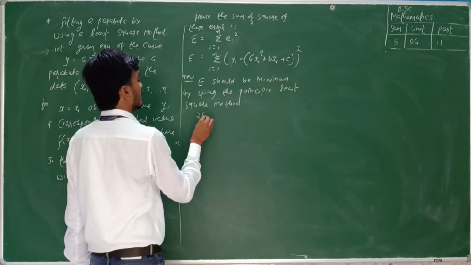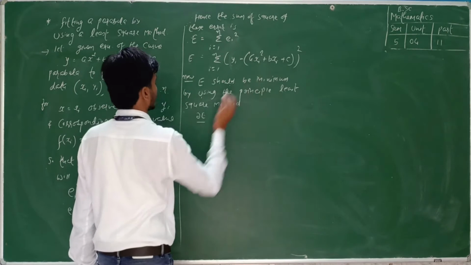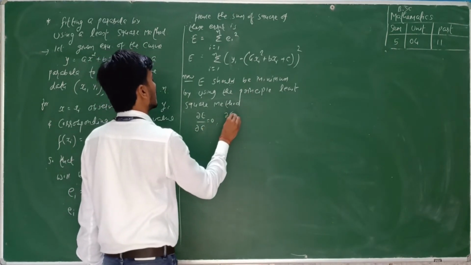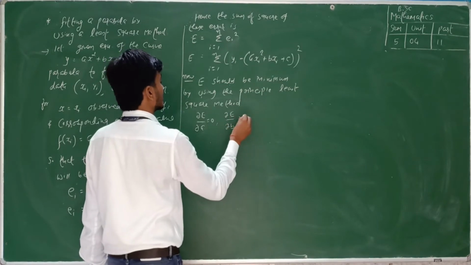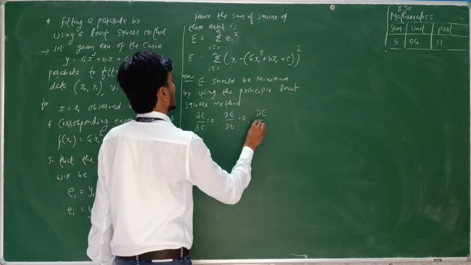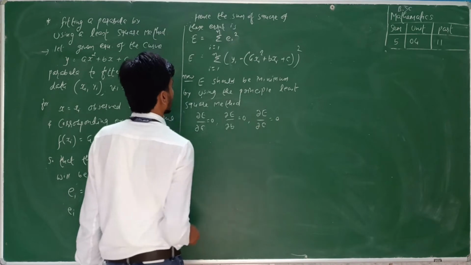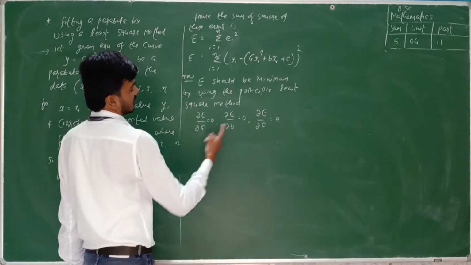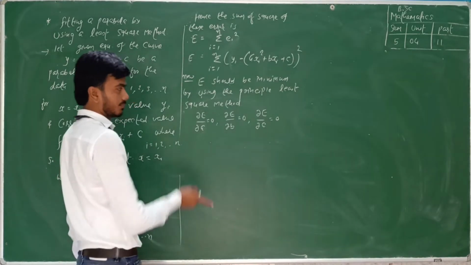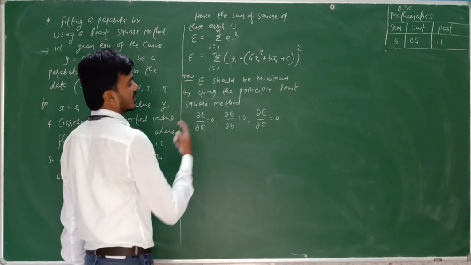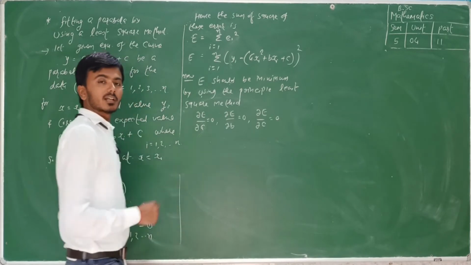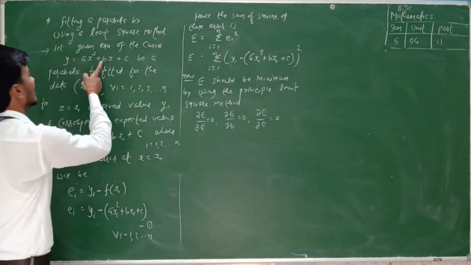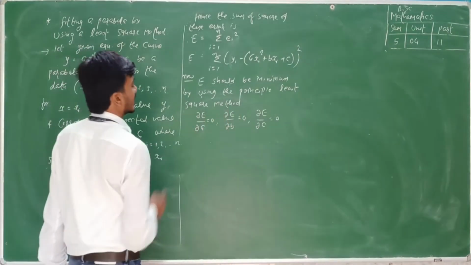Here a, b and c are arbitrary constants. ∂E/∂a = 0, the partial derivative with respect to b is 0, and the partial derivative with respect to c is 0. So here we get three equations. In the previous lecture we had two equations for the straight line, where a and b were arbitrary constants. Here a, b and c are arbitrary constants, so we get three equations.